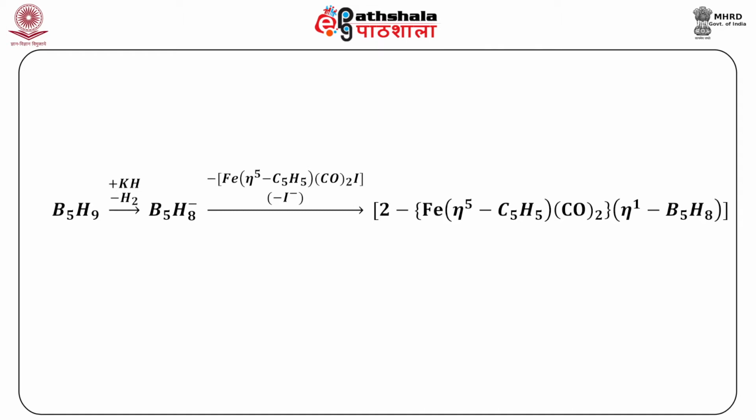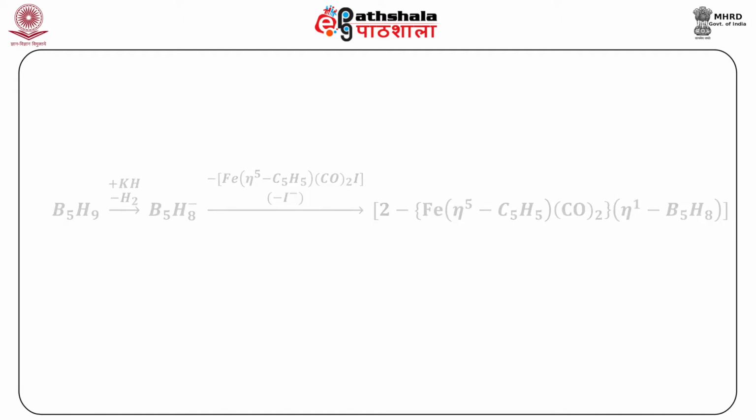This anion is then reacted with an iron complex such as shown here, eta 5 cyclopentadienyl dicarbonyl iodo iron, and this borane anion gets inserted into the coordination sphere of iron to give you a metalloborane cluster.